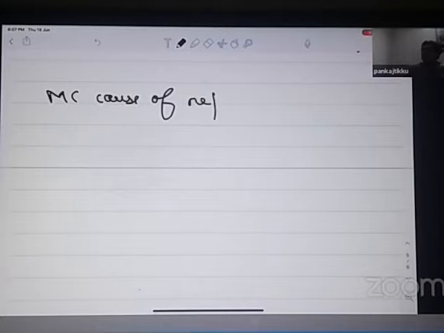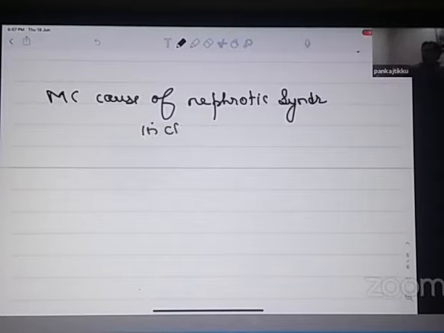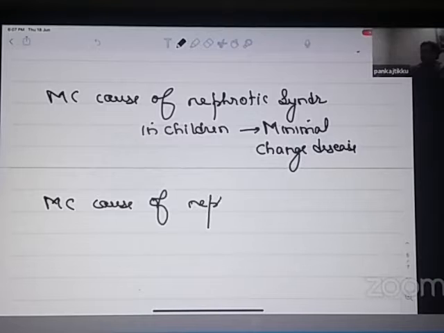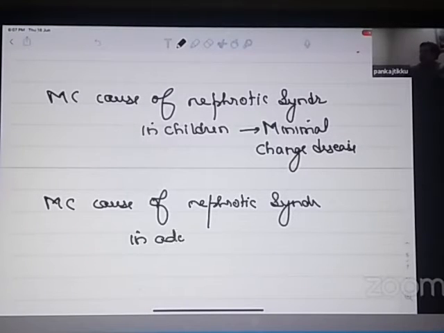This is very important and you should remember which is the most common cause of nephrotic syndrome. In children, it is minimal change disease. And which is the most common cause of nephrotic syndrome in adolescents?